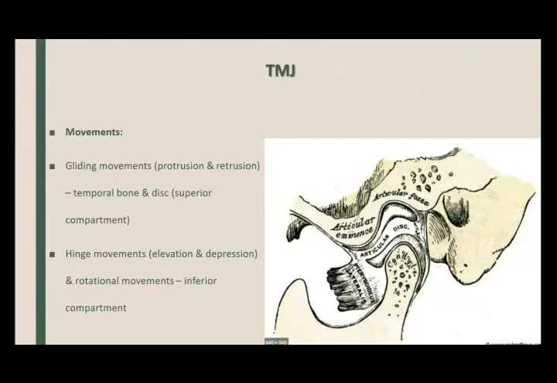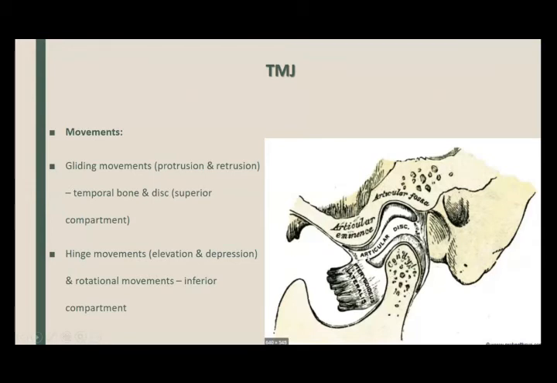ये जो movement है, this occurs in the upper compartment. ये articular disc है बेटा, ठीक है? This is the capsule. The articular disc is attached to the inside of the capsule. ये lateral pterygoid muscle है, attached to the neck of the mandible. ये condyle of the mandible है. This is the neck of the mandible.